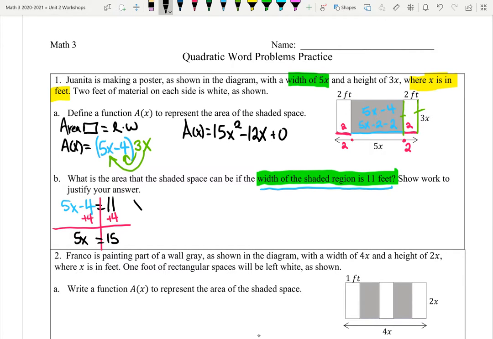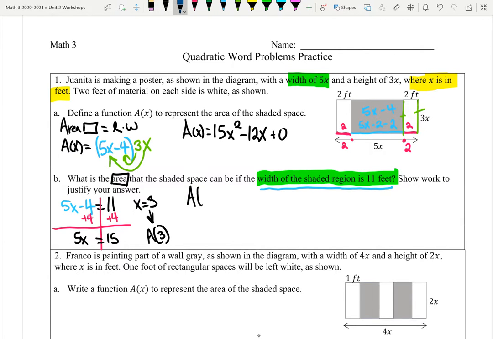And after I divide each side by 5, it's going to be x is 3. So this is not the area. This is a component in which I need to find my area. So using my given, I was able to find 11. Now I need to plug this in. I need to make it A, but this time I need to solve it for 3.